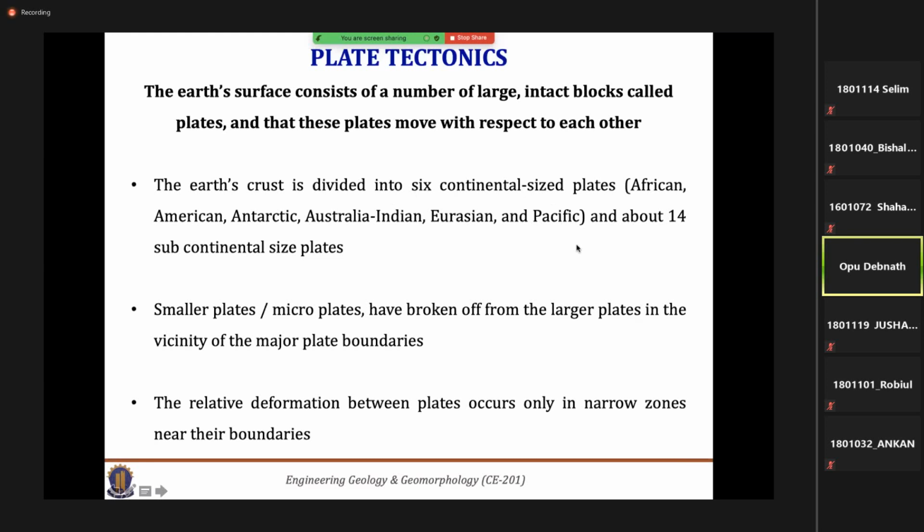These are the major 6 continental plates, and thereafter 14 subcontinental plates are also available, based on the fracture or fault line. These plate boundaries are actually based on the fault lines.